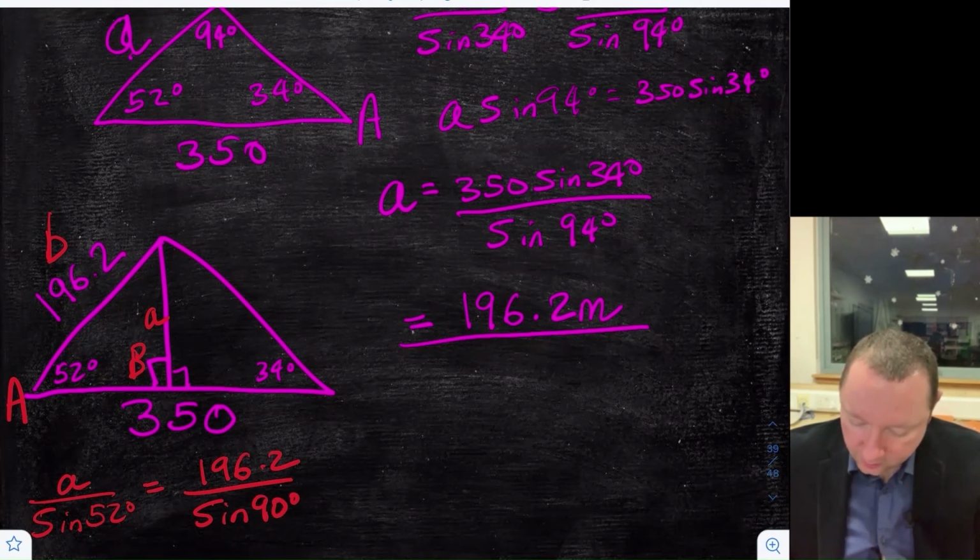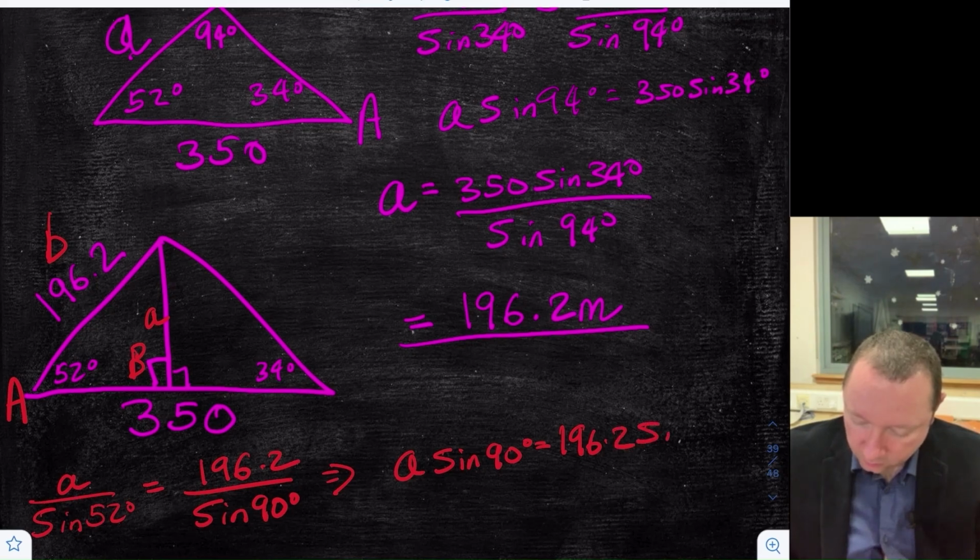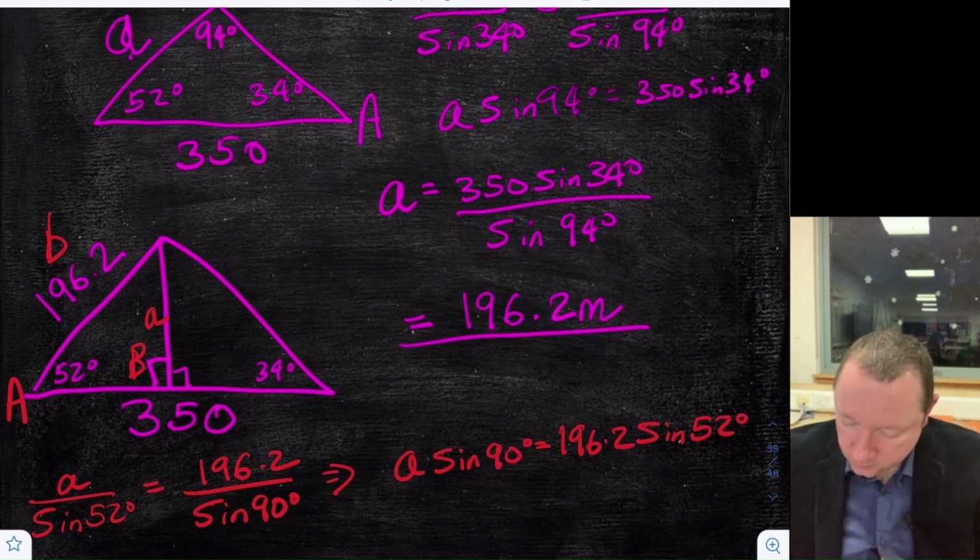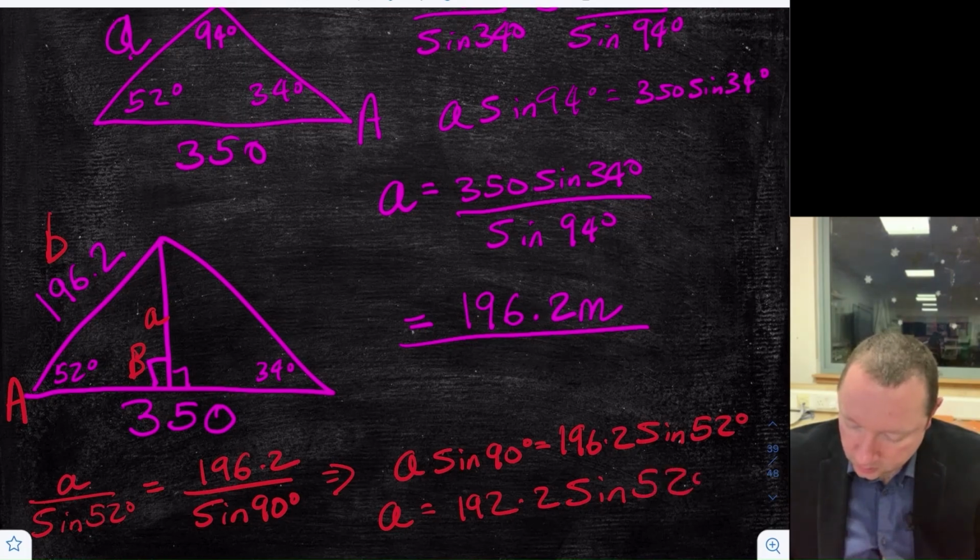Rearranging that, A times the sine of 90 equals 196.2 times the sine of 52. So A equals 196.2 times the sine of 52 divided by the sine of 90, which is 1, by the way.